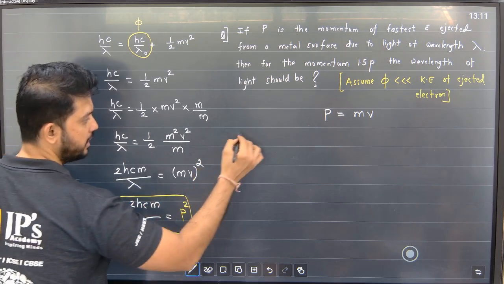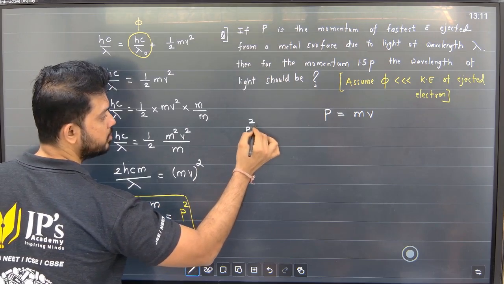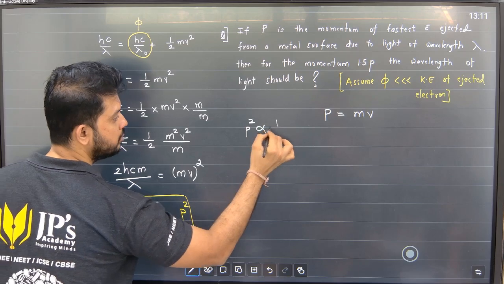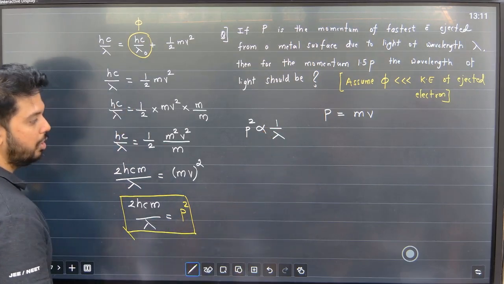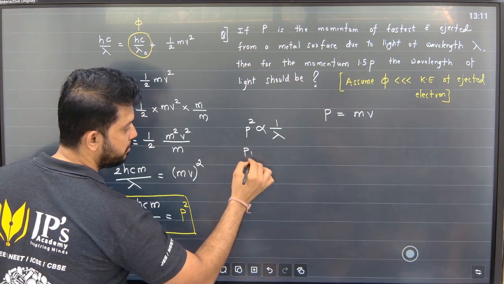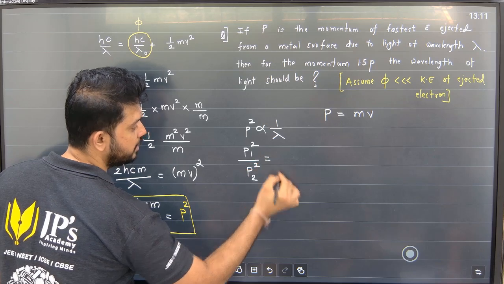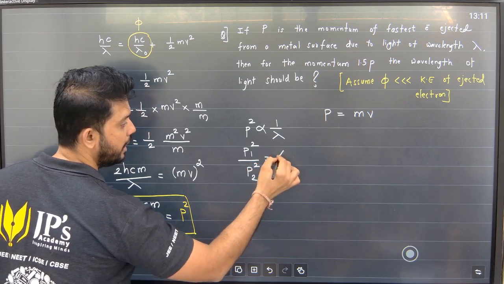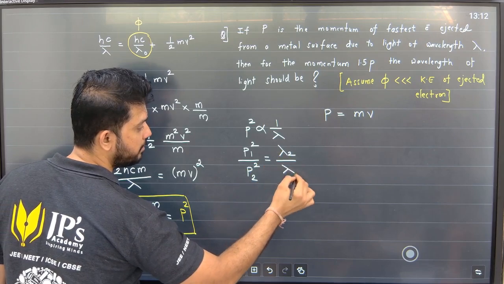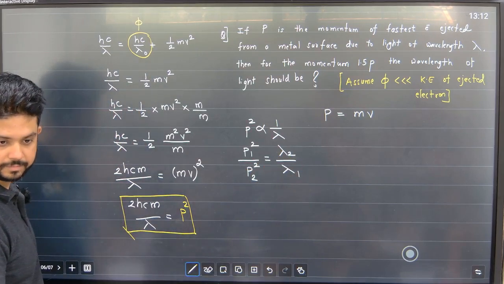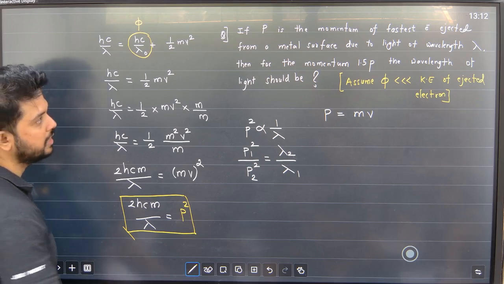Can I say the numerator is entirely constant? So p square is proportional to 1 upon lambda, or p1 square upon p2 square will be lambda 2 over lambda 1. Yes or no? Why did I do it this way?